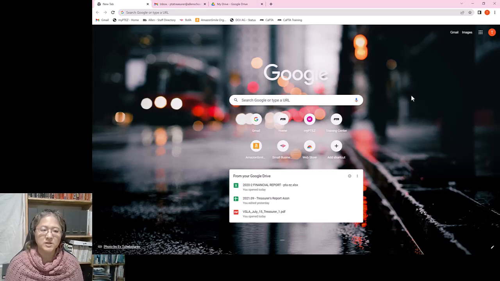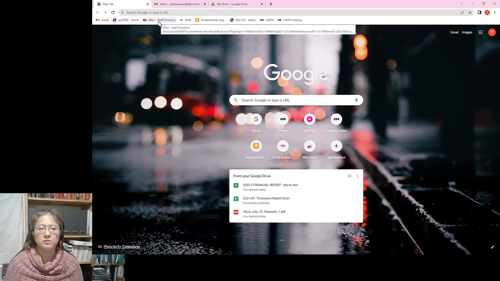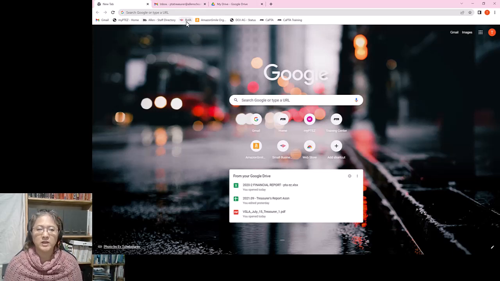Once you have signed in through Google, you will get to this banner right here. I have bookmarked several items that are important to the treasurer's duty, including My PTEasy, which is the financial system, the Allen Elementary Staff Directory, the Bank of America login, and Amazon Smile organization.